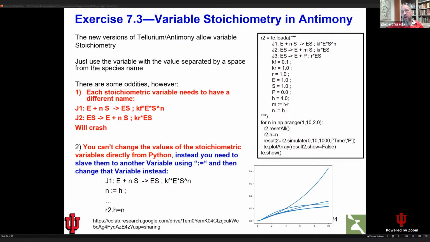But if I change the value, if I use the value of H and do something else with it, it won't be changed. Equal signs in Antimony are only evaluated once when the string is parsed, or when you say reset. They're not evaluated continuously because Antimony is not a procedural language.